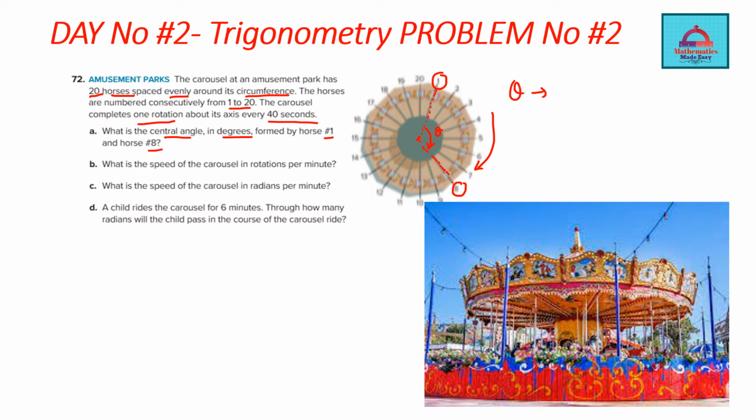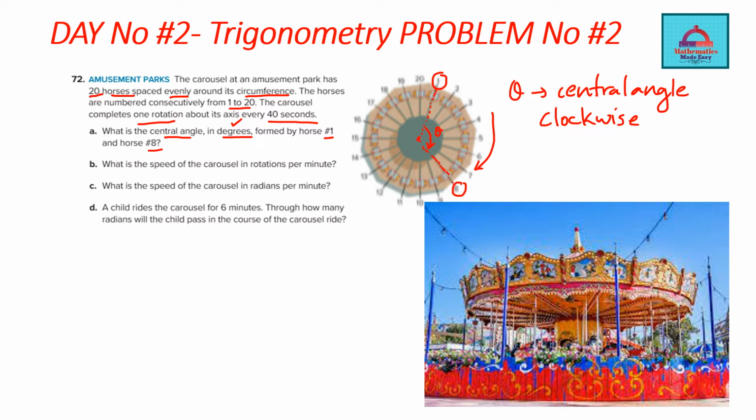So theta is the central angle which is made here, and you have to find it in degrees, formed by horse number 1 and 8. So moving from this horse to this horse, this is the direction. Remember, it's clockwise direction that we are looking at, and this is the angle you need to find.